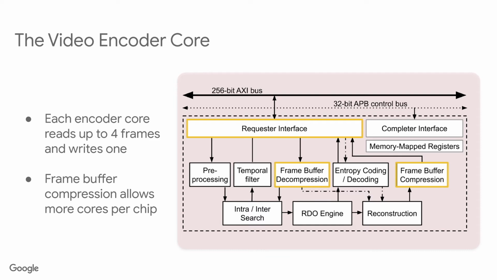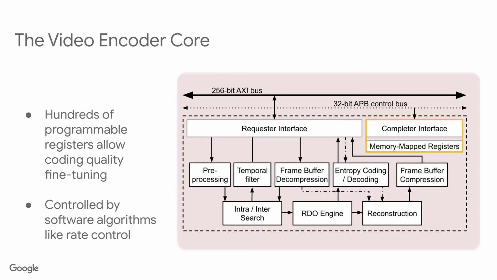As DRAM bandwidth was one of the major restrictions in defining how many encoder cores we could have in a chip, we included a very efficient lossless frame buffer compression scheme that allowed us to increase their number. And finally, we designed the core in such a way that we have hundreds of programmable knobs for optimizing and tuning the encoder performance post-tape-out.